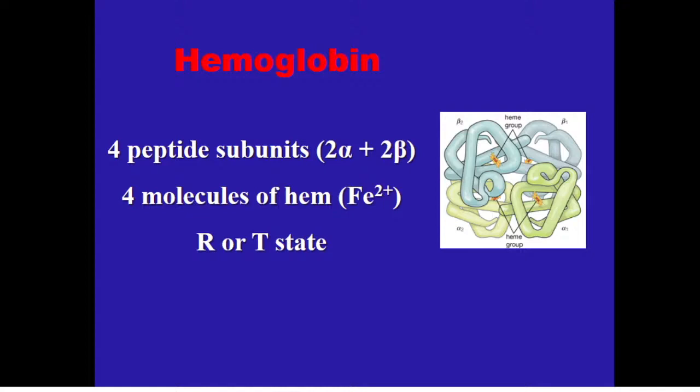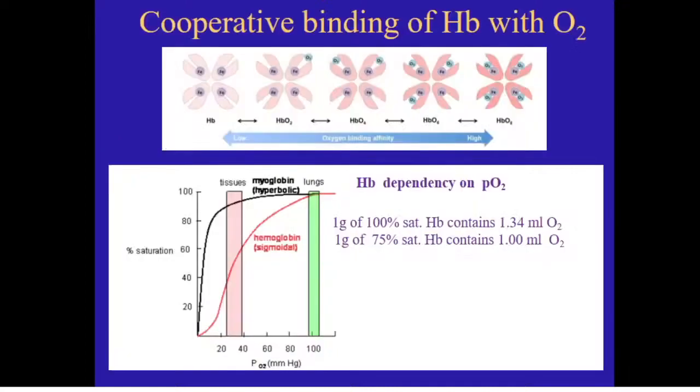Conformationally, hemoglobin can be in 2 states, which are named R or T state. About the R and T states of hemoglobin, a little bit later.